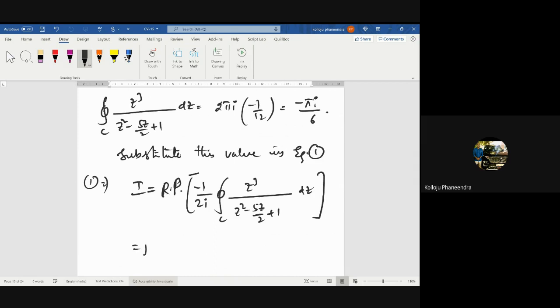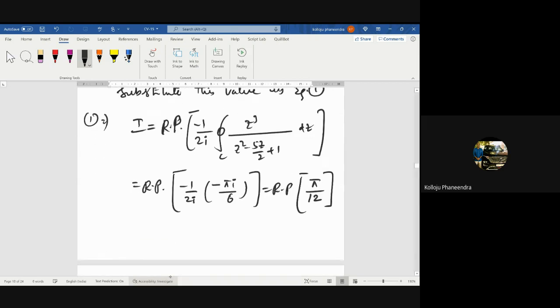Done. This is real part of minus 1 by 2i and this is minus pi i by 6. That is equal to real part of, i gets cancelled, minus minus, this is pi by 12.